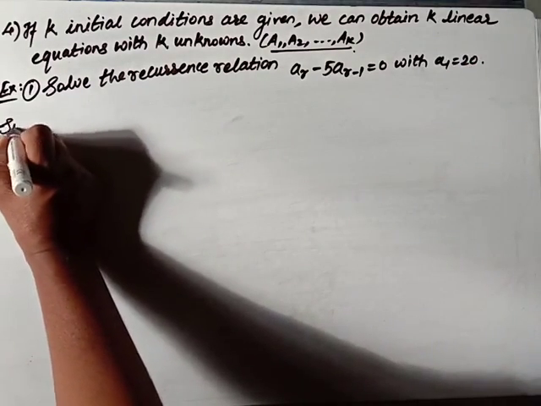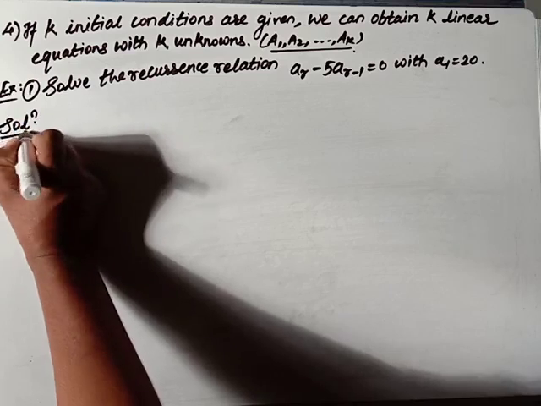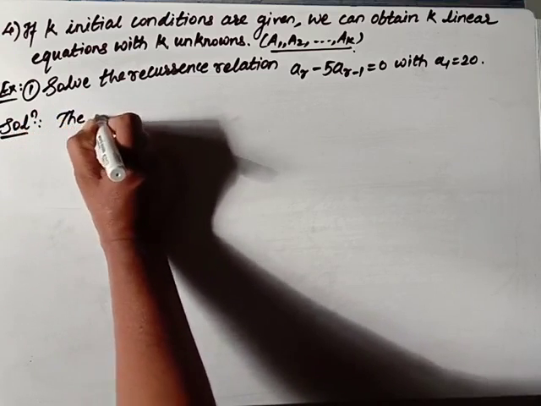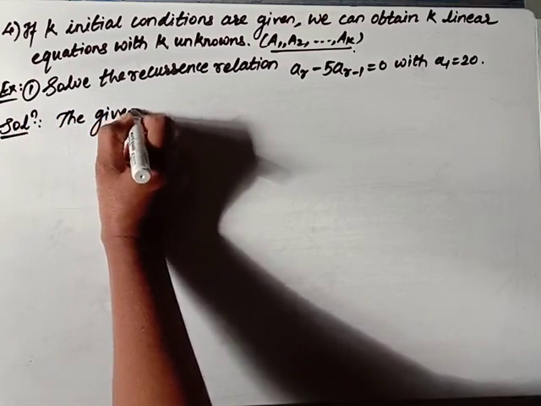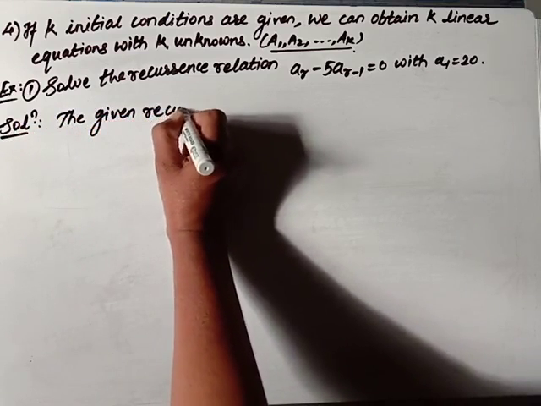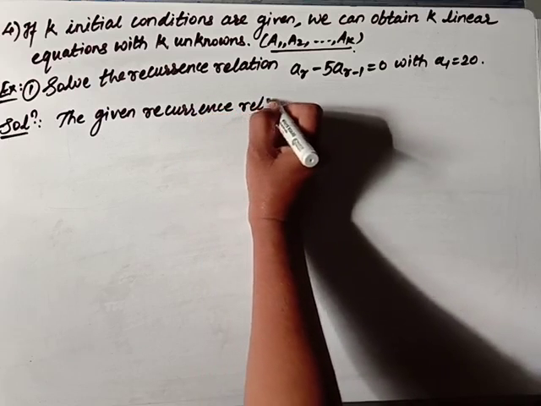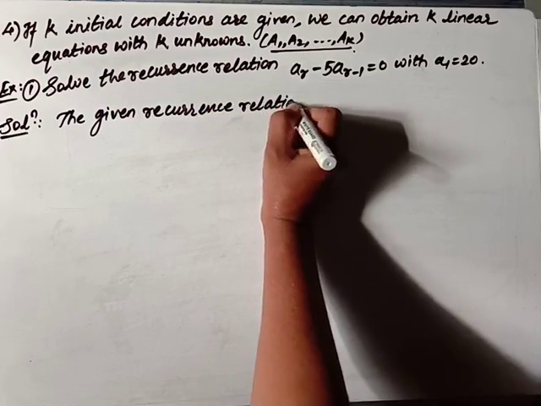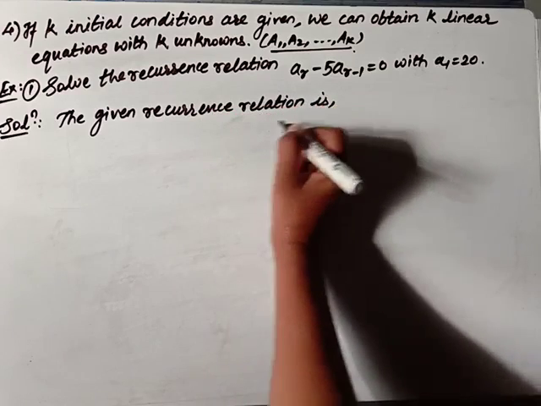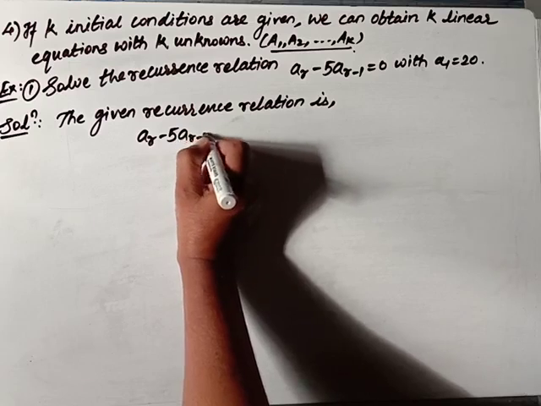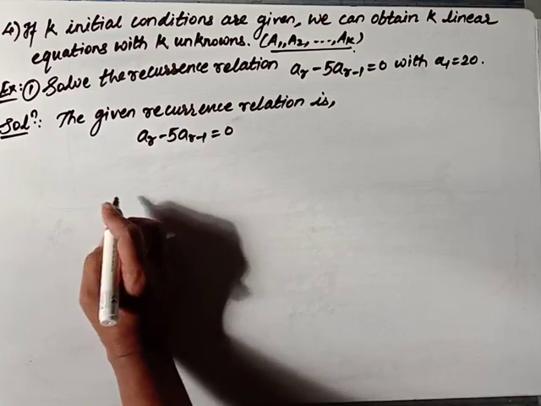So, solution for this. Now, the given recurrence relation is a_r minus 5 a_(r-1) is equal to 0.